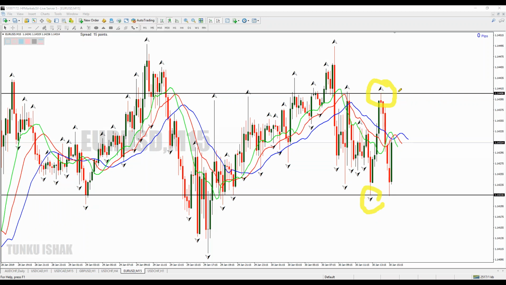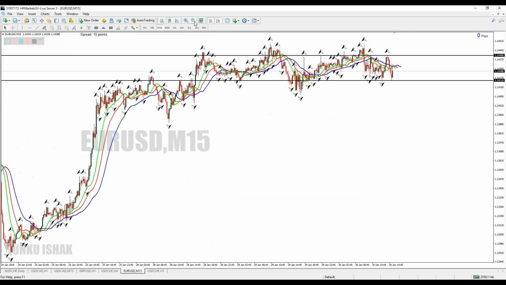You can see, this is really a resistance area, and this is really a support area. So we try to infuse some support and resistance, some price action, using the fractal as the reference for support and resistance, and try to find the entry.